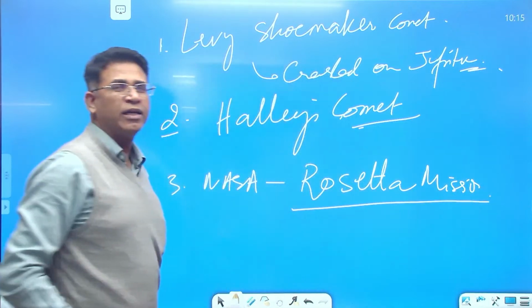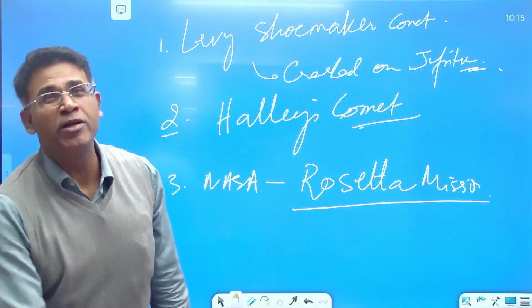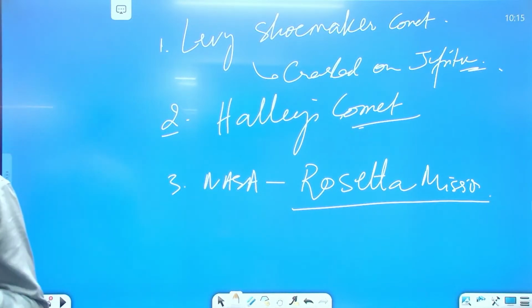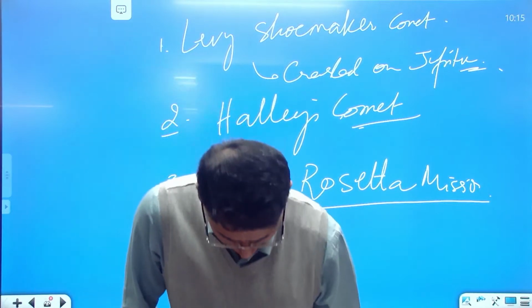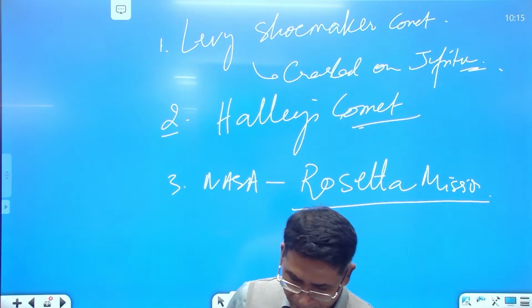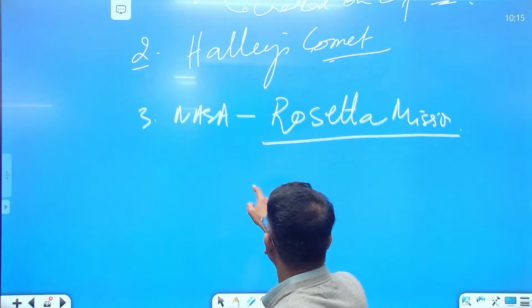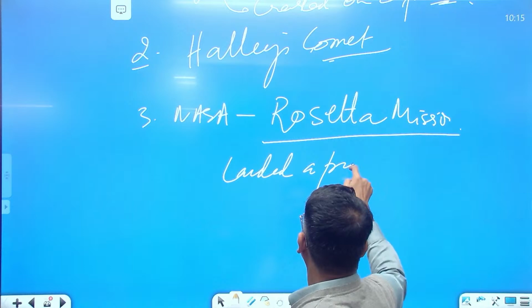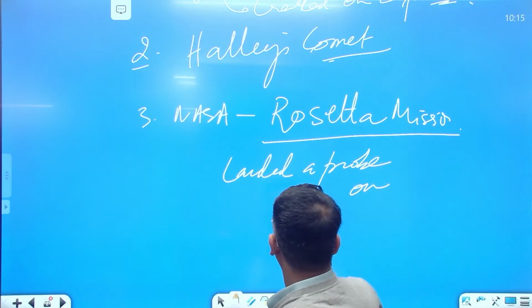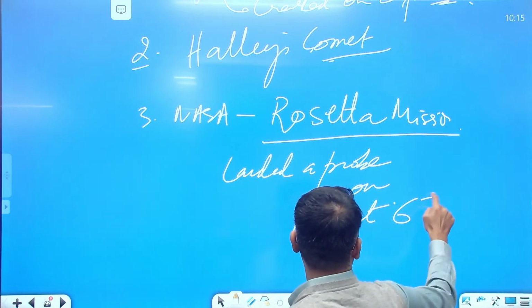In this mission, NASA landed a probe on a comet called Comet 6TP.